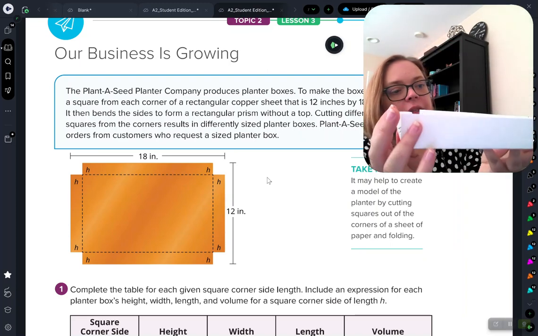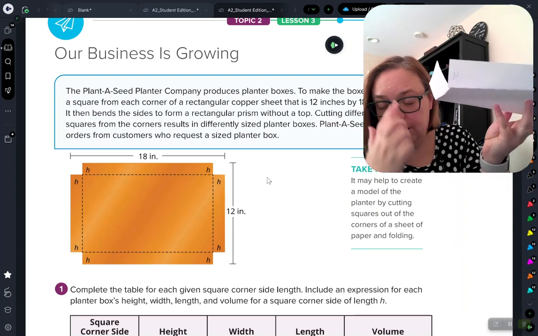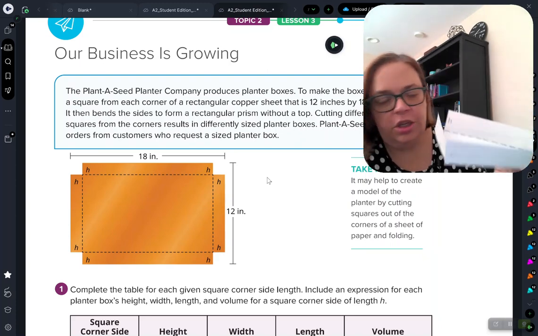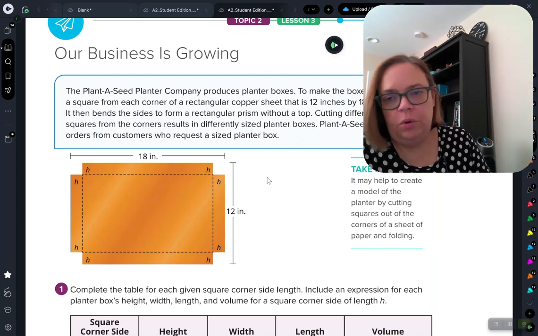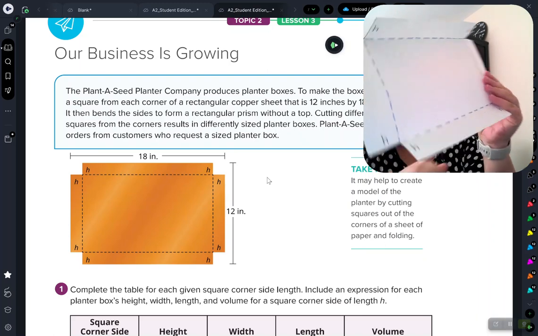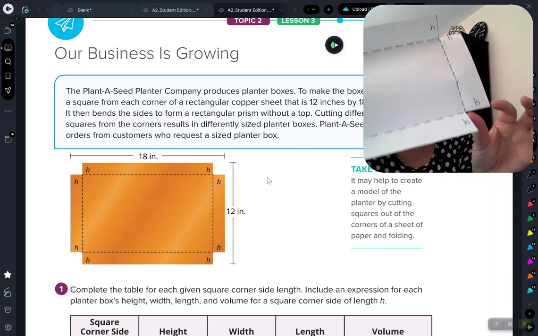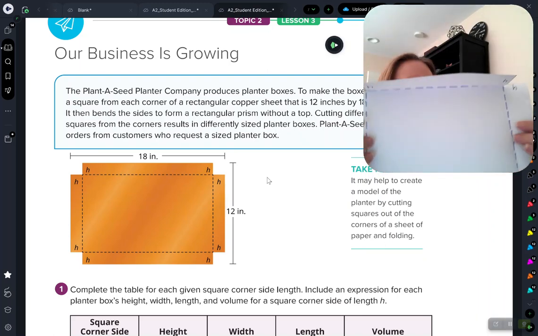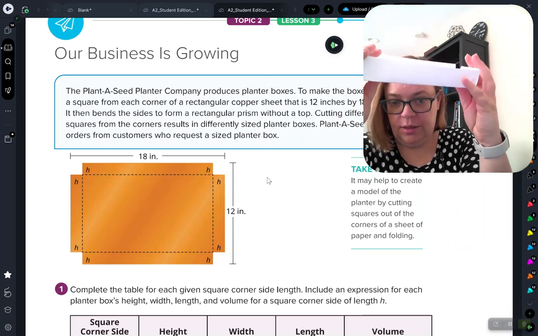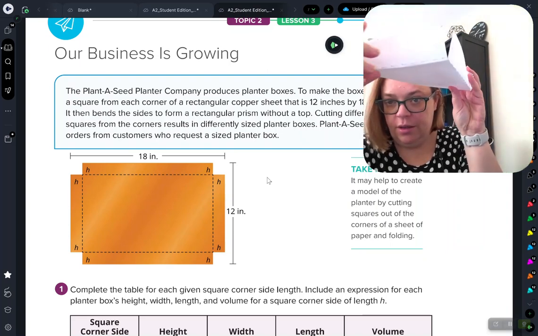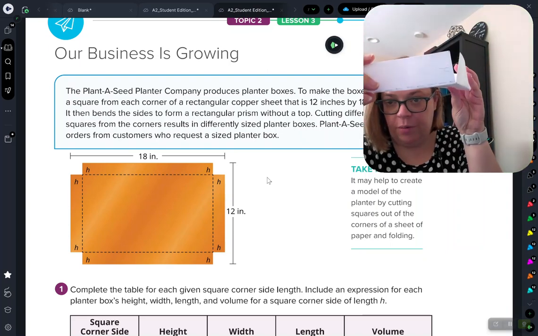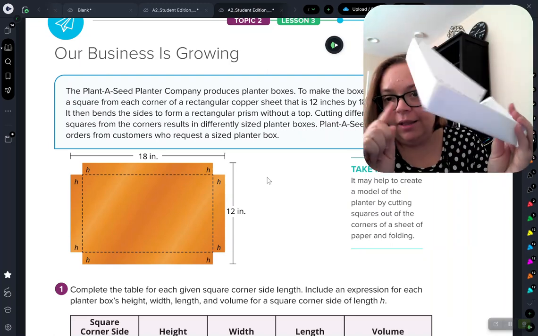Now this is the size of the box I get with 1.5 inches there, or whatever h is. So you can see this dimension of this box basically becomes the height of our box, and then there's also a length and a width.